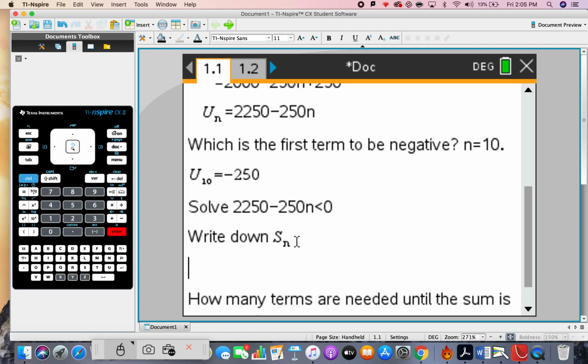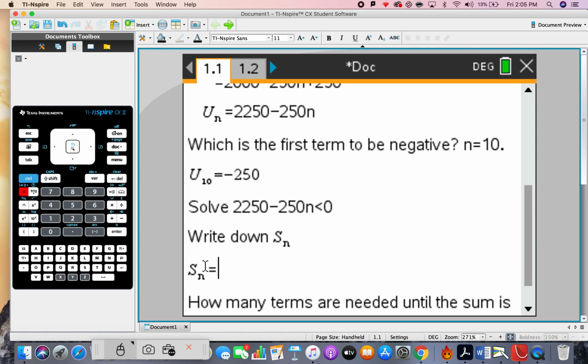So let's write down the formula, and there are two different ways of writing it. There is a u1 plus un version, and then there is a version without that. I'm going to write down the two versions, and then we can decide which is the best to use.